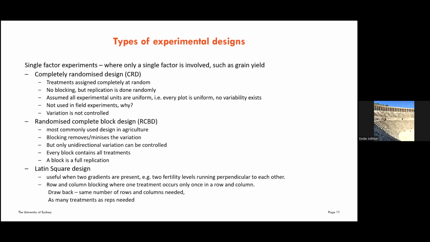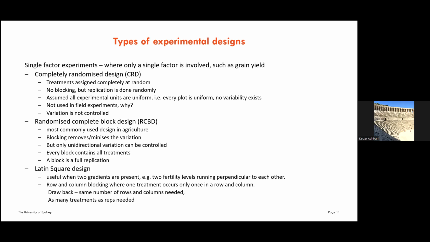Replication means repetition of the same treatment. So it's not in a block. There can be 2 or 3 repetitions, but they are not in systematic blocks. They can be side by side as well, randomly.